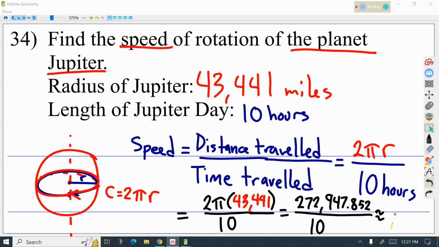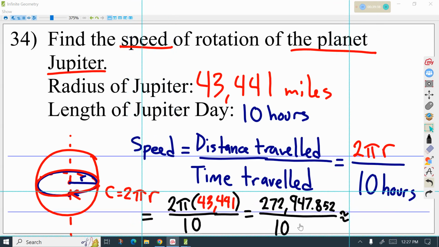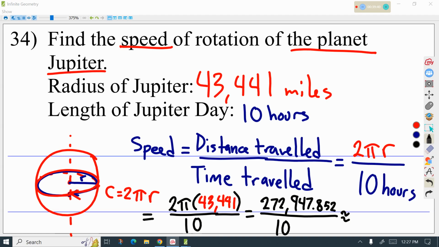I'll just move this over a little bit to get the final answer, which would be 27,947.852, or 0.79 miles per hour. All right. So again, do that in the calculator.